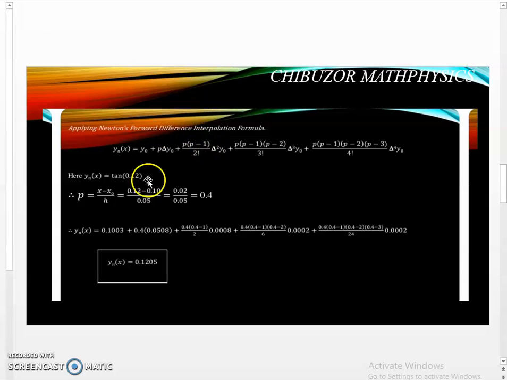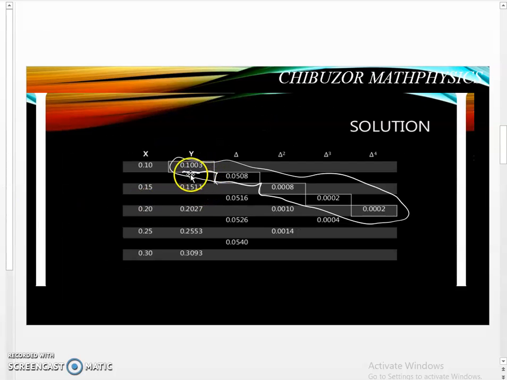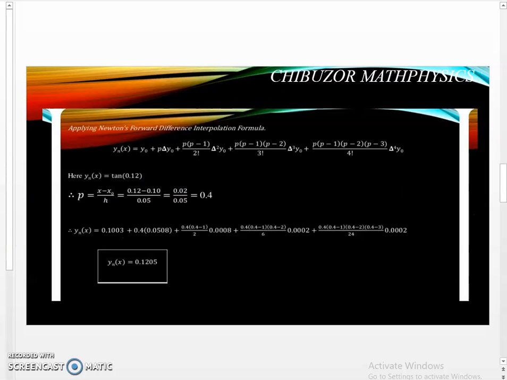So if that is our x, what is our x naught? Our x naught is taken from the table, and we know that in the table we have 0.10. This becomes our x naught, so we simply plug that in.